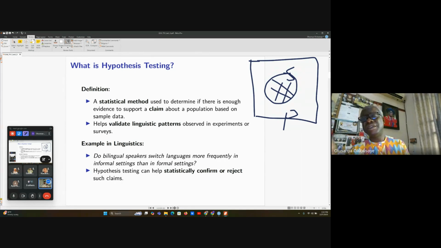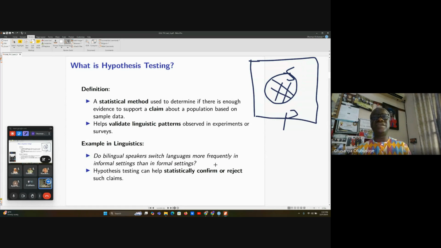And then based on the information that we get from this sample, which is now our evidence, we can use hypothesis testing to determine if the evidence in the sample is enough to support the claim about the population or not.